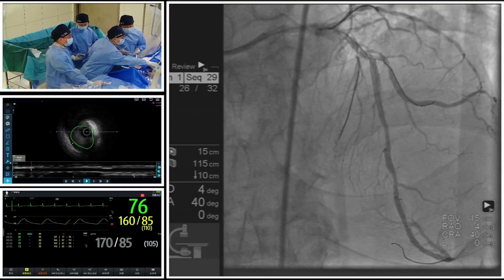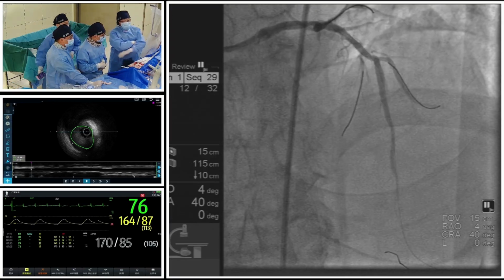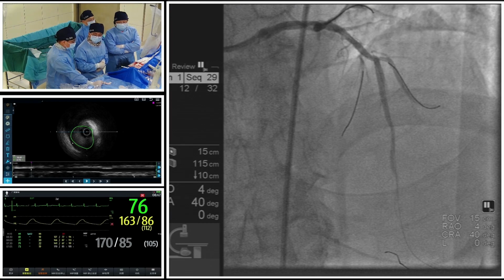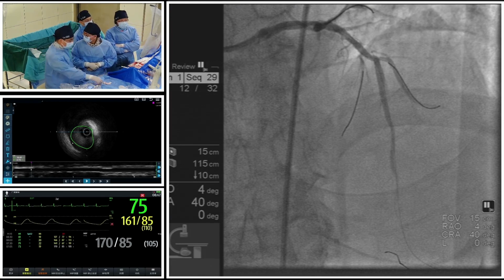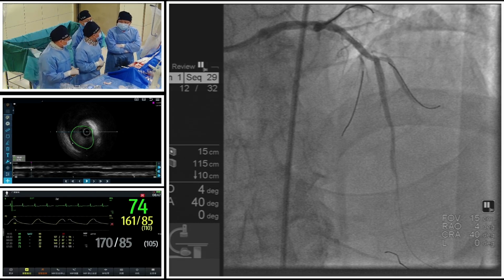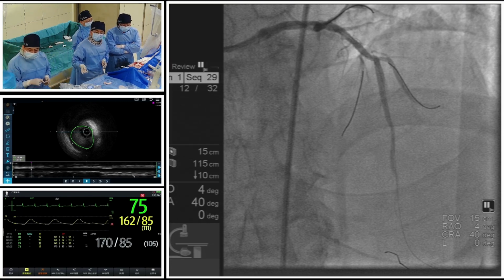So why didn't we use a pre-dilation balloon to dilate? Because we already used the IVL system, the standard crossing, and then the post-dilation balloon.